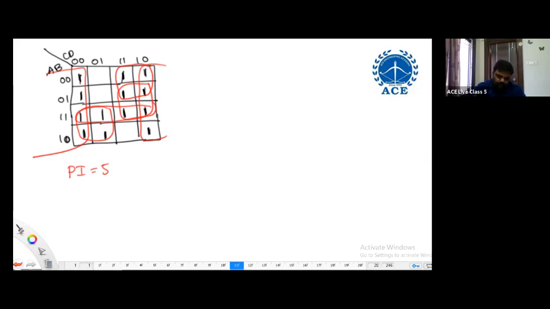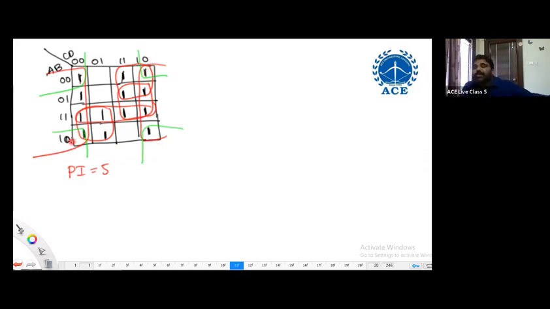Last 4 corners. Annapurni. Yes. Correct, the doubt you have raised. Very good. See, you might be thinking that this is a quad. But including those 4, there is a possibility for 8. Or in this octave itself, choosing 4 is not a prime implicant.